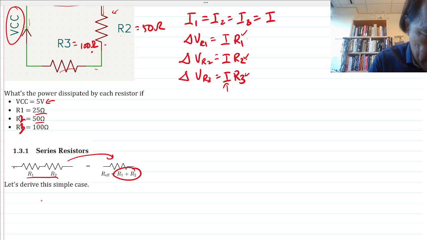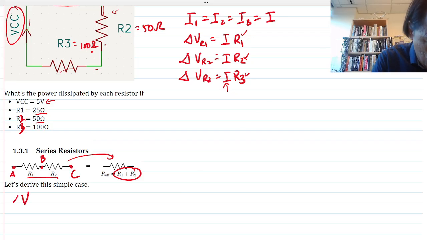Okay, so you have some voltage A here and some voltage B here, right? And we know the current between them has to be the same, because they're flowing in a single path. So I'm going to call this B, and then I'm going to call this C, okay?